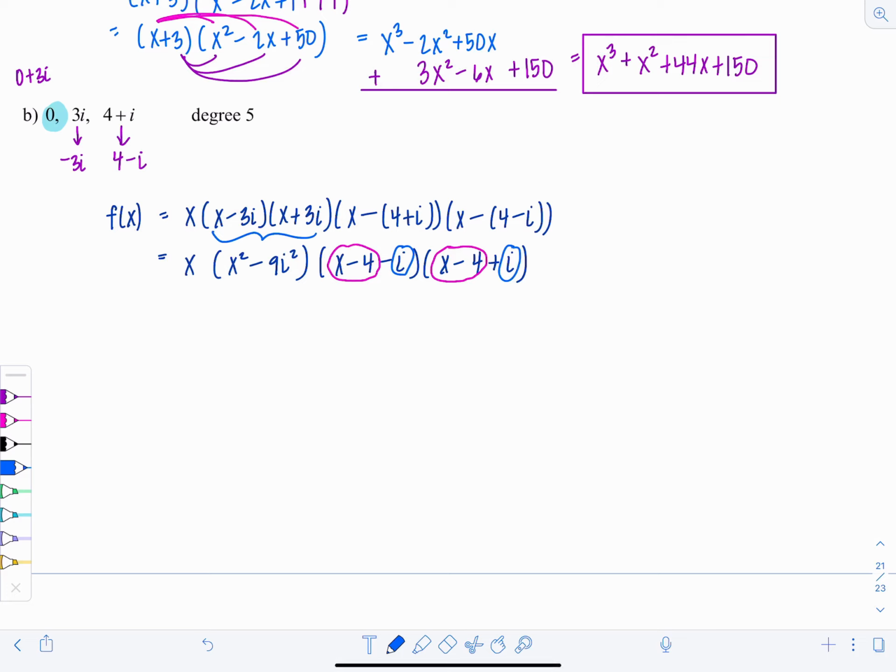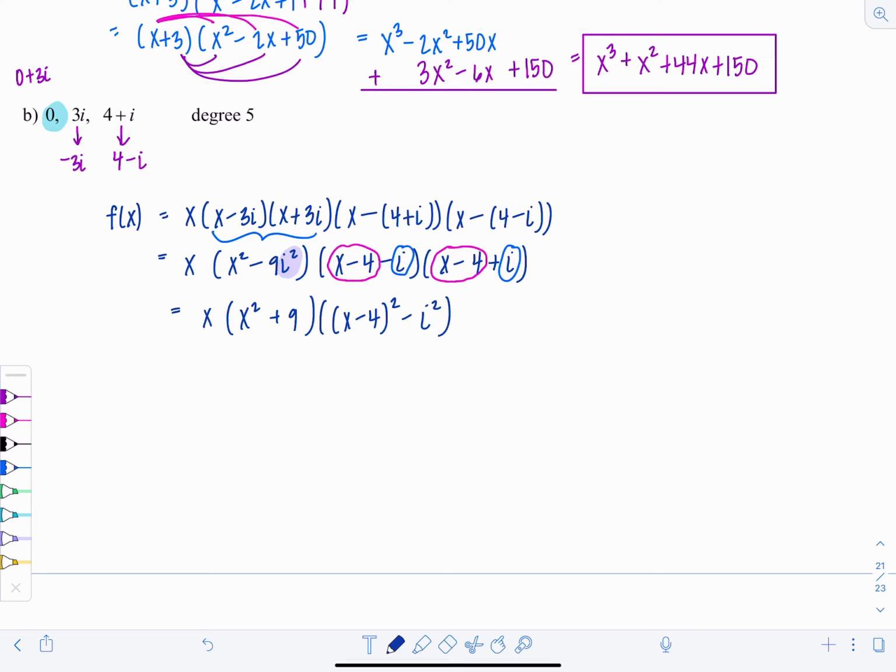Okay, so we're going to multiply it out. Let's do that first before we forget. You're going to end up with a squared minus b squared. So x minus 4 squared minus i squared. x squared minus 9i squared, that's going to become x squared plus 9, because remember i squared is negative 1 by definition. And then you still have that x hanging out there.